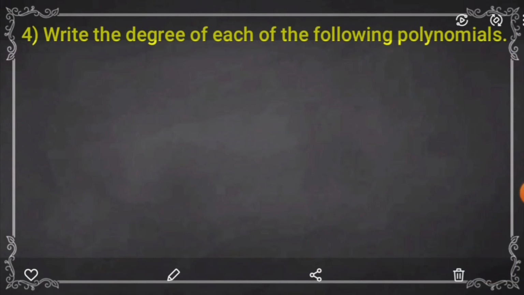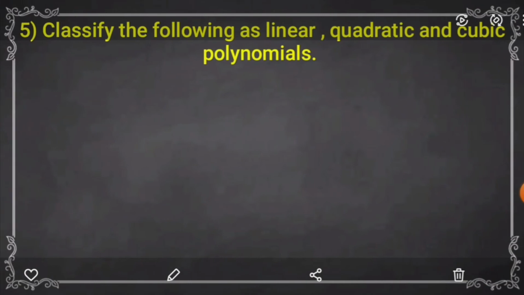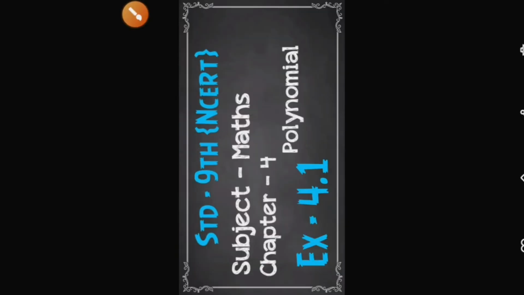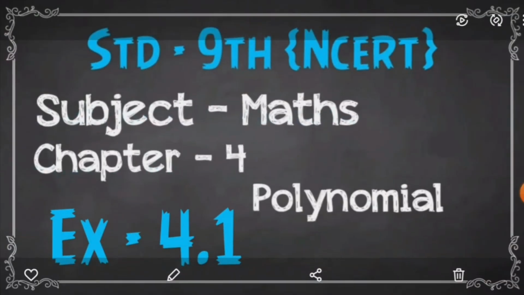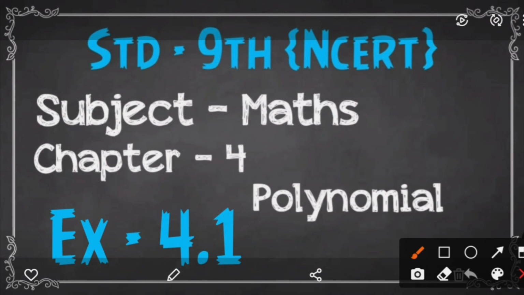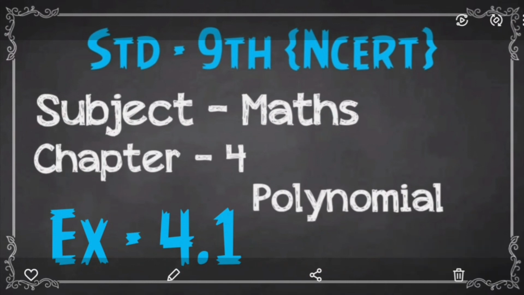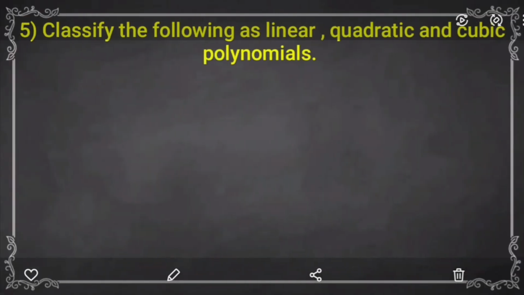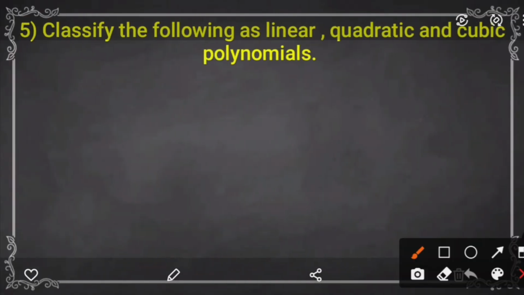Now we go for the next main, that is the fifth main. Classify the following as linear, quadratic, cubic polynomials. The first question is x square plus x.